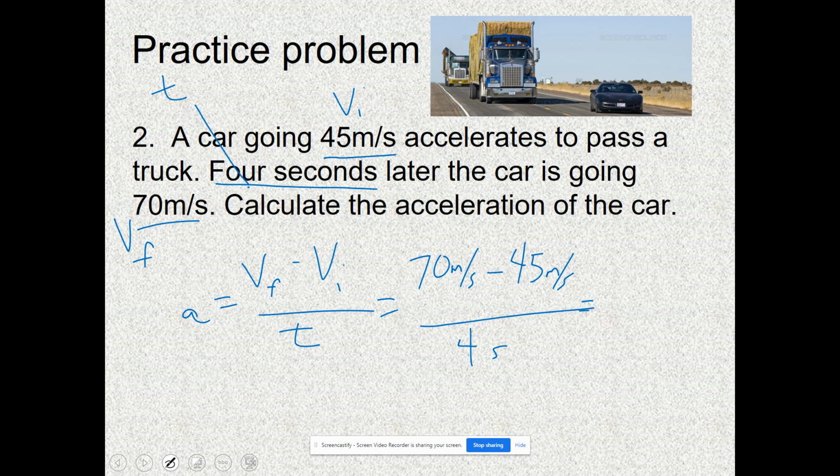I am going to get units in meters per second squared, which is the units for acceleration. And 70 minus 45 divided by 4, put those in my calculator, I get 6.25 meters per second squared.